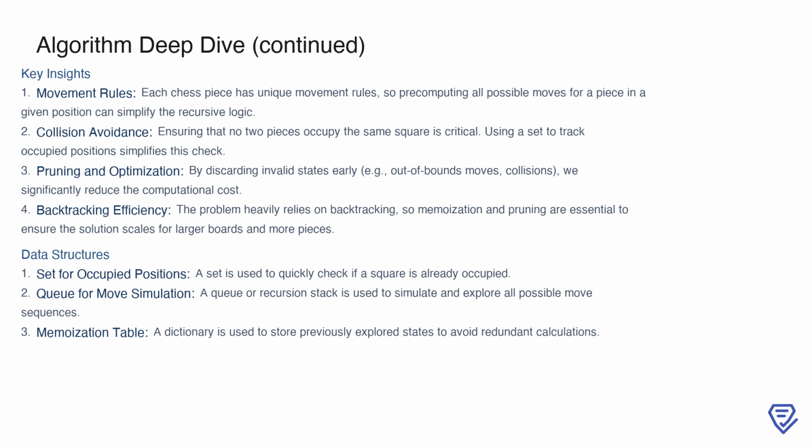Backtracking is central to the algorithm's design, and its efficiency is greatly enhanced by using memoization to avoid exploring the same state multiple times. Finally, the use of specific data structures such as sets for occupied squares, queues or recursion stacks for move simulation, and memoization tables ensures that the algorithm is both efficient and scalable.